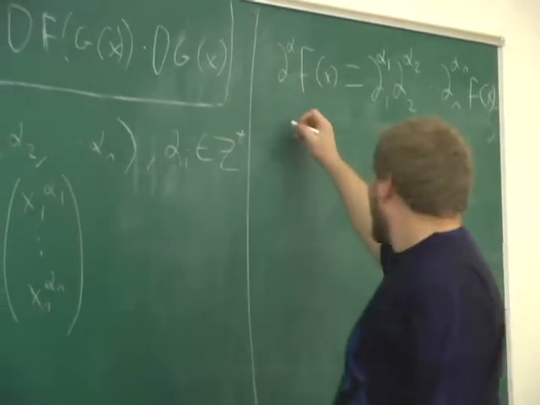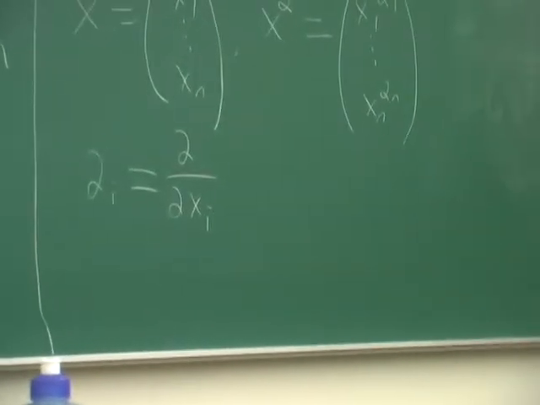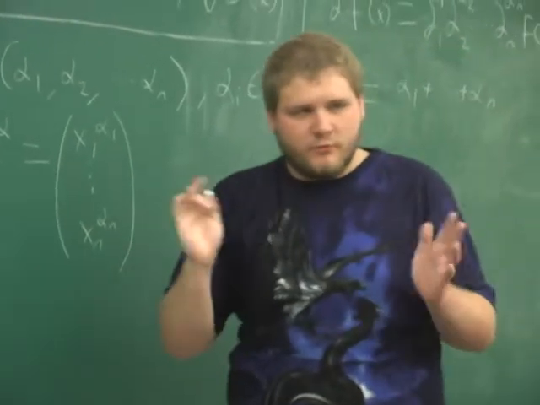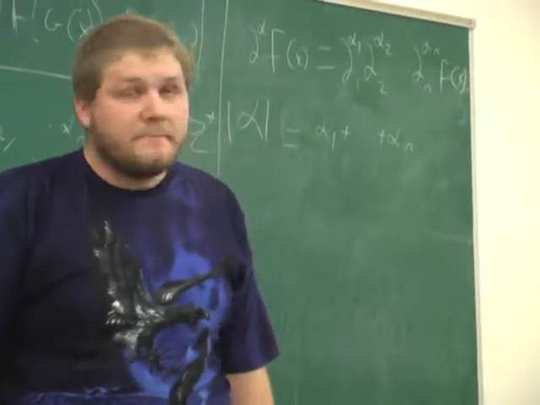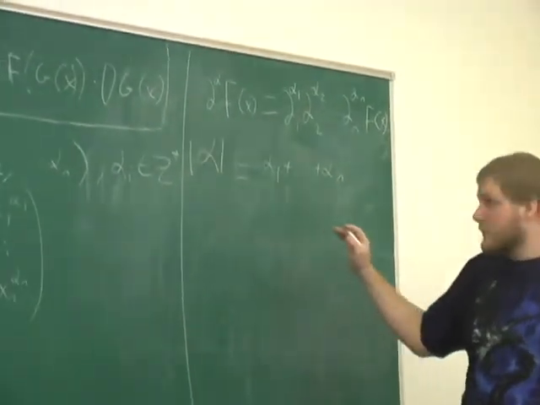We define the order of this alpha to be the sum of each component. Since these are all positive integers, we don't worry about sign or anything like that. So does this kind of make sense? Is this confusing to anyone in terms of this notation?